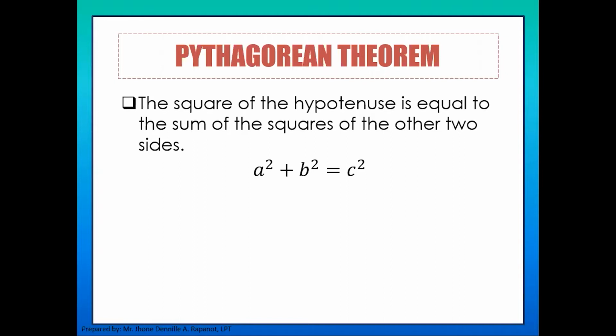What does this mean? It simply means that whatever the summation of your a squared and b squared is, that is just equal to the square of your hypotenuse, or your c squared.